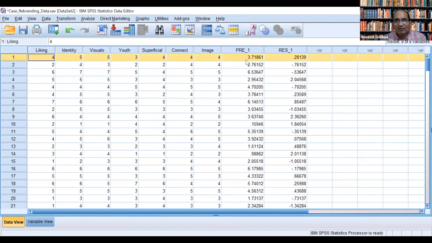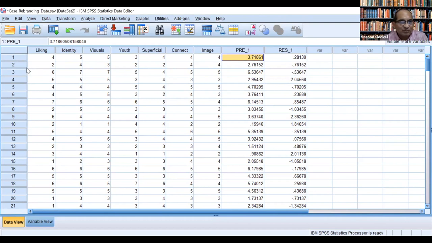So this is the observed value, and this is the predicted value, which has been estimated by the model. It is the unstandardized predicted value as we have checked. The difference between these two values is known as residual. So 4 minus 3.71846, it would be 0.28.